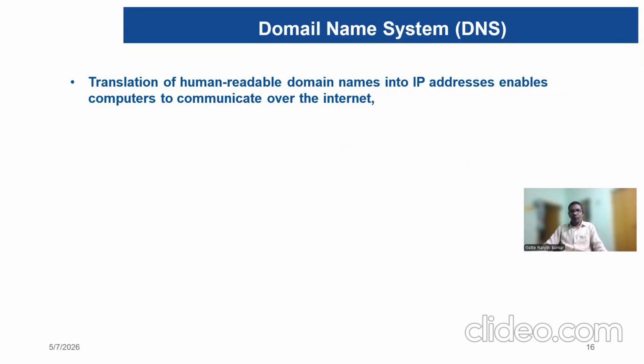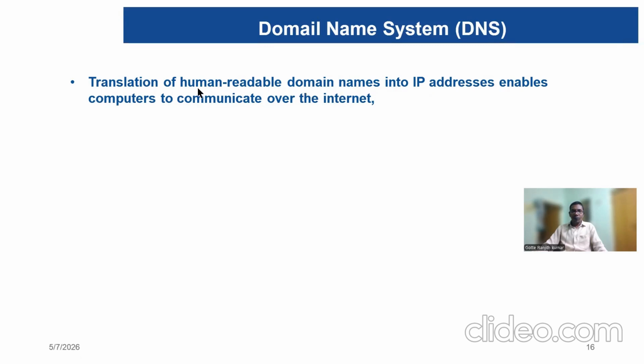But internally, that will be converted into an IP address, and based on the IP address, a particular website can be identified over the internet. But an IP address is a numerical number. So as human beings, we cannot remember that many numerical numbers. So that's why these numerical numbers are given some domain name.